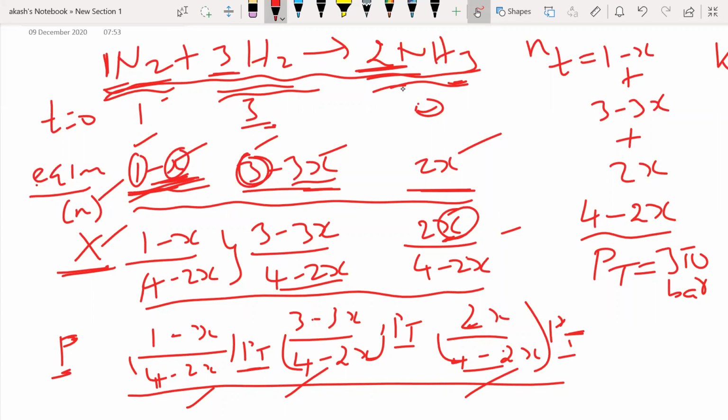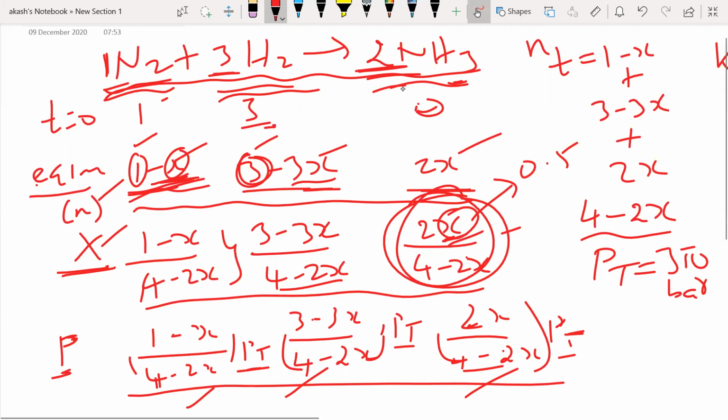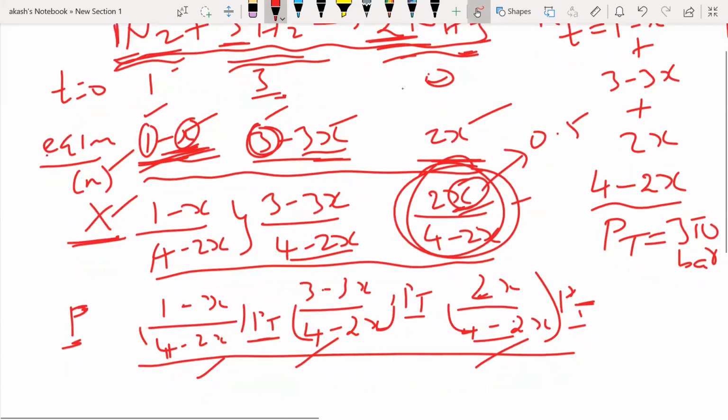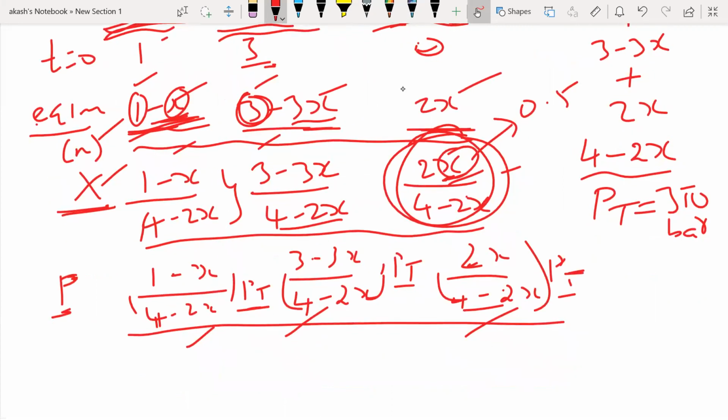Exactly. So the mole fraction of NH3 they have given in the question, the total mole fraction of NH3, is given to be 0.5. So from this, you can find the X value, substitute everywhere, find all these three values and then go for Kp. You will be able to find the Kp.